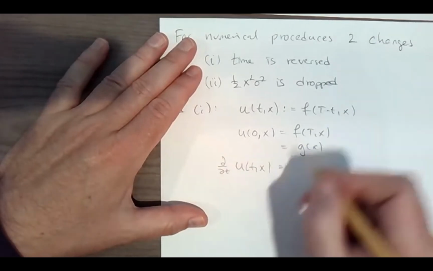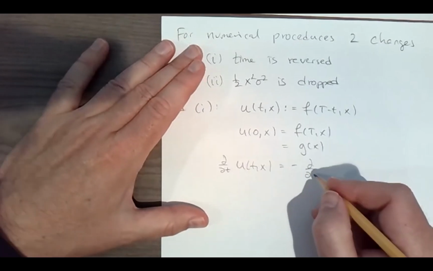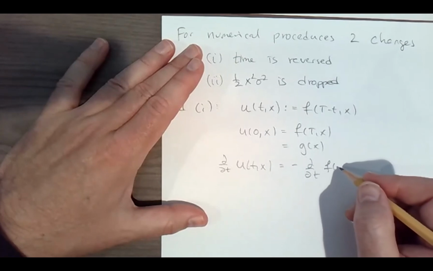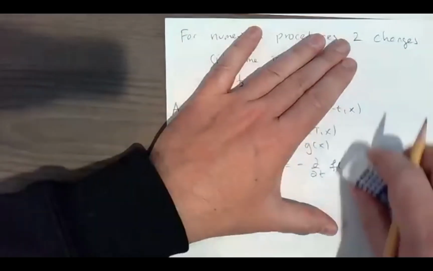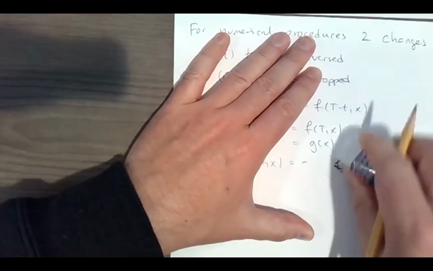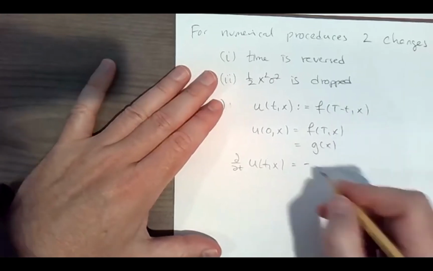This is equal to minus the derivative with respect to t of f. If I take the derivative with respect to t, I'm going to get a minus sign.